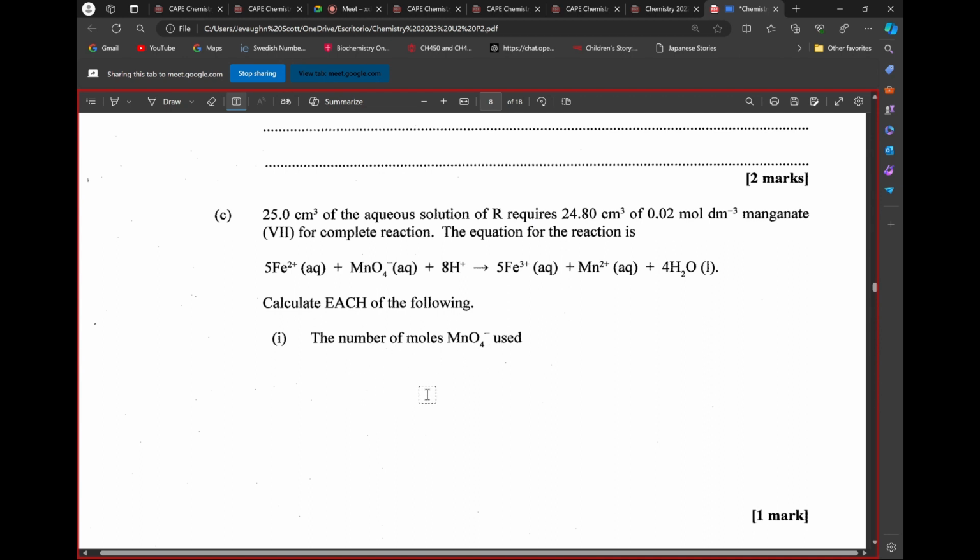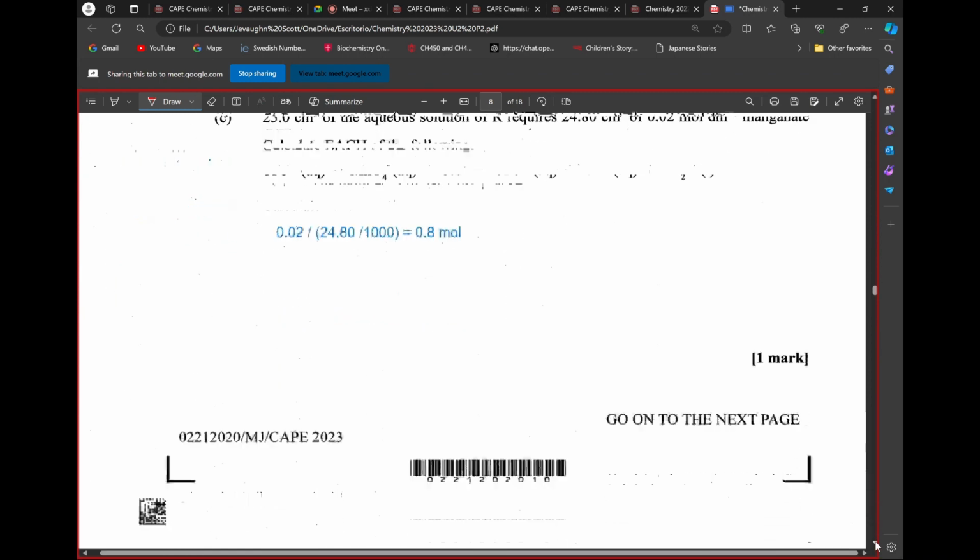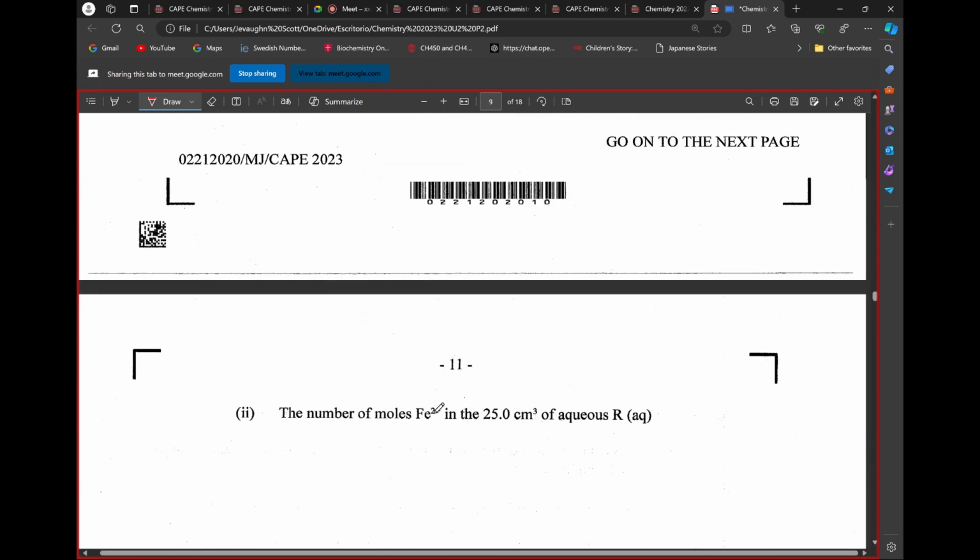I need to put the mole. Sorry about that. So in mole. How do we find the number of moles of iron now? Let me check something really important because they have two different ions. You use the mole ratio.